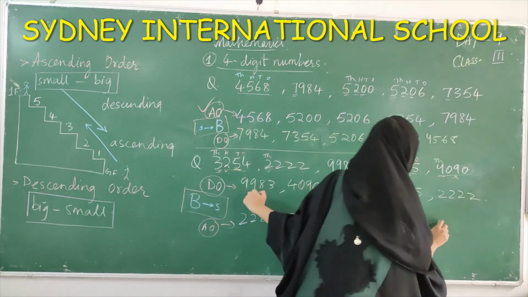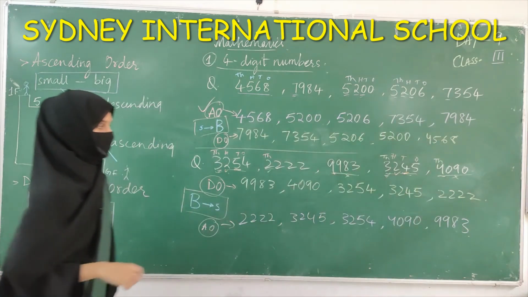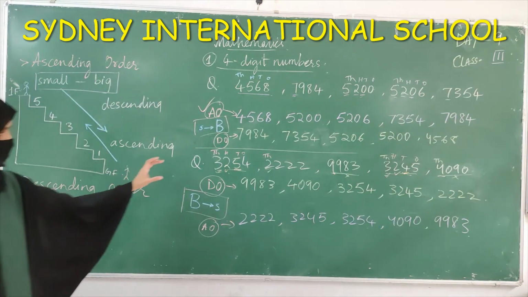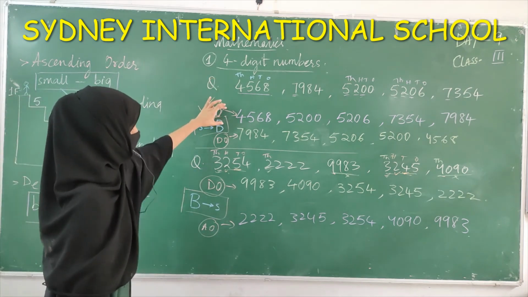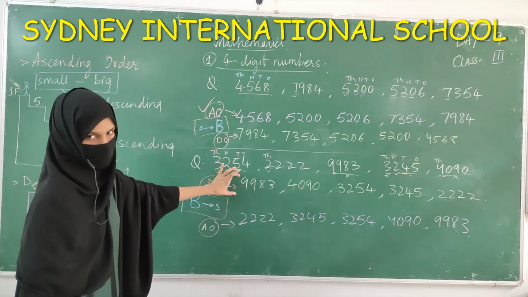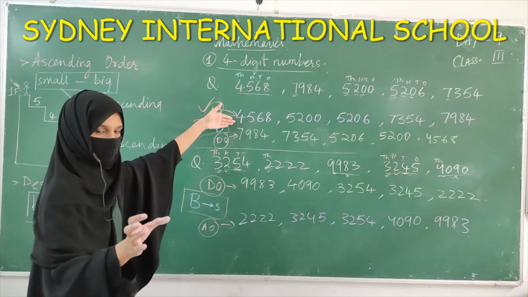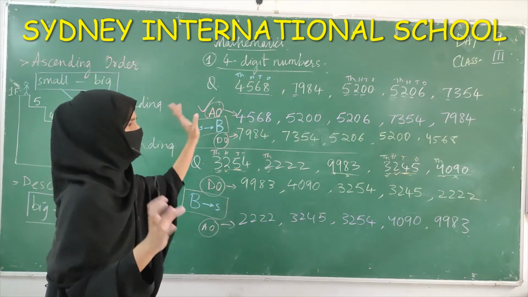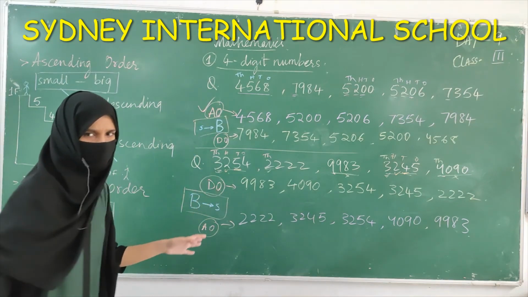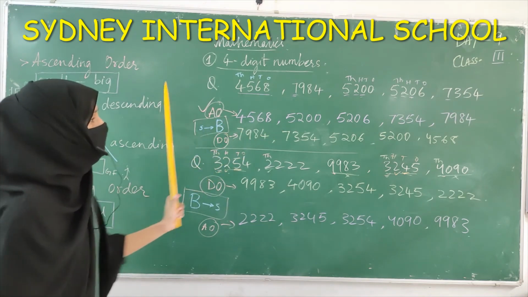Last. See, this is a mixture of numbers. Here I explained the arrangement of ascending. Here I explained the arrangement of descending. Same thing. If the set of numbers is already arranged, then just by applying your common sense, you can reverse it.